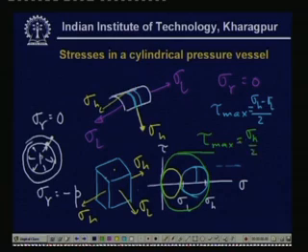This occurs only in this particular plane. Earlier we considered only the sigma L, sigma h plane, but now the maximum shear stress occurs in that particular plane.